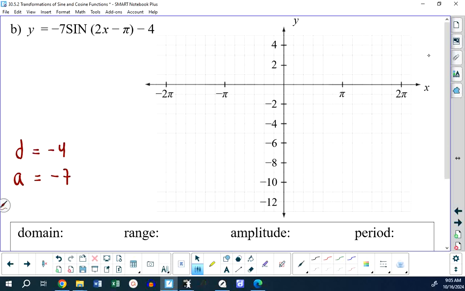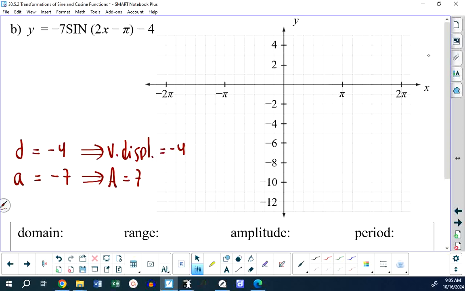The most significant aspect of this is that the amplitude is 7. The most significant aspect of this is that the vertical displacement is -4. And much like the phase shift, we can say the displacement is negative with trig functions. We don't have to say it's 4 units down.